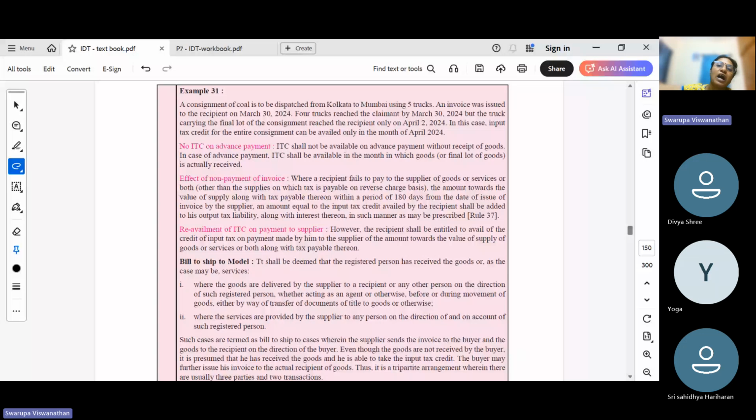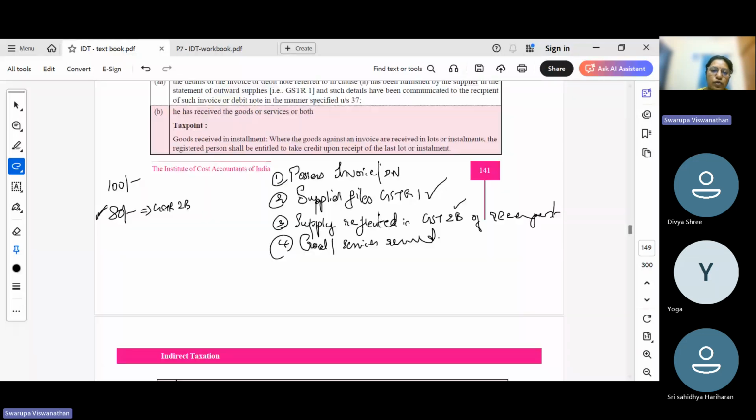Only when the last lot is received is the point when ITC can be availed. There is no ITC on advance payment with respect to goods. So goods and services are to be received.